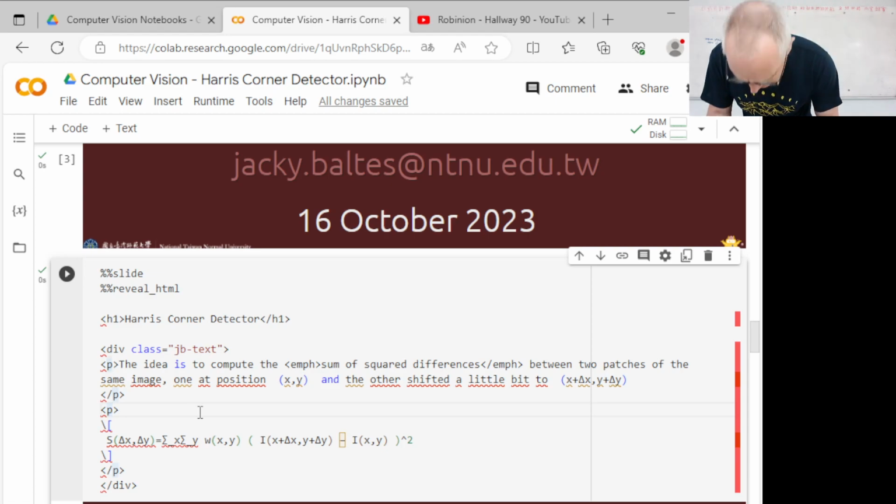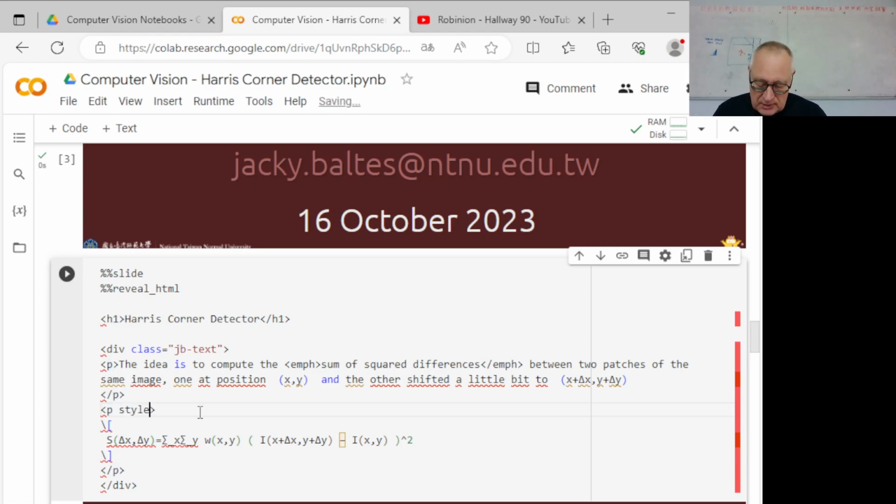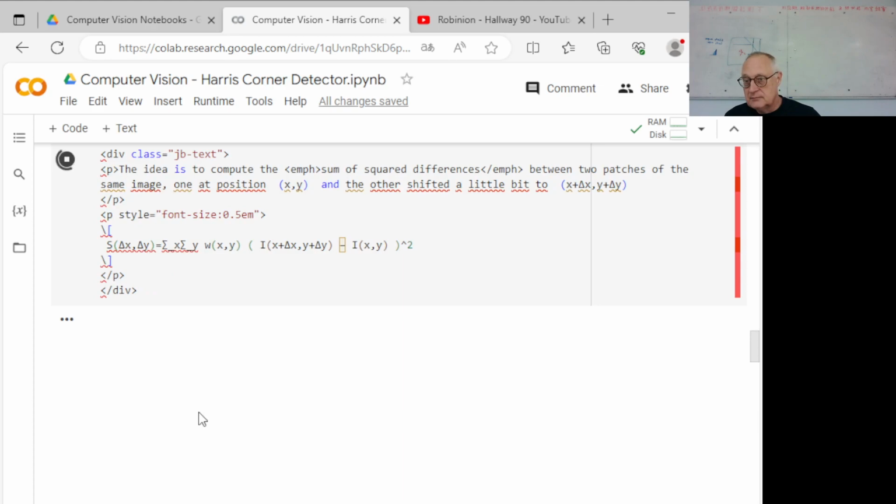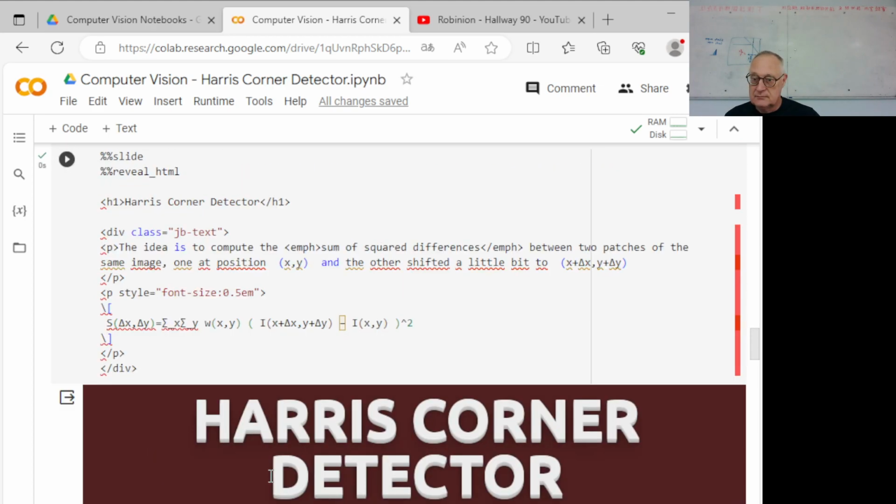So here would be our definition of a point. Anything that has a large sum of differences.